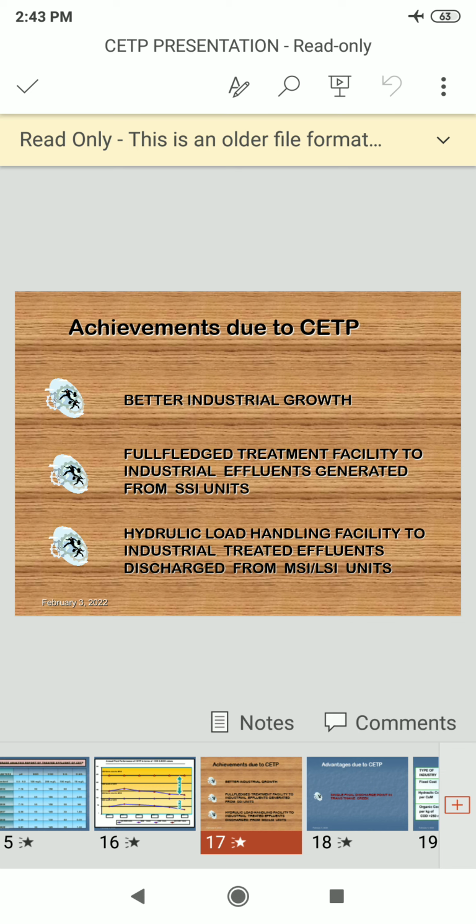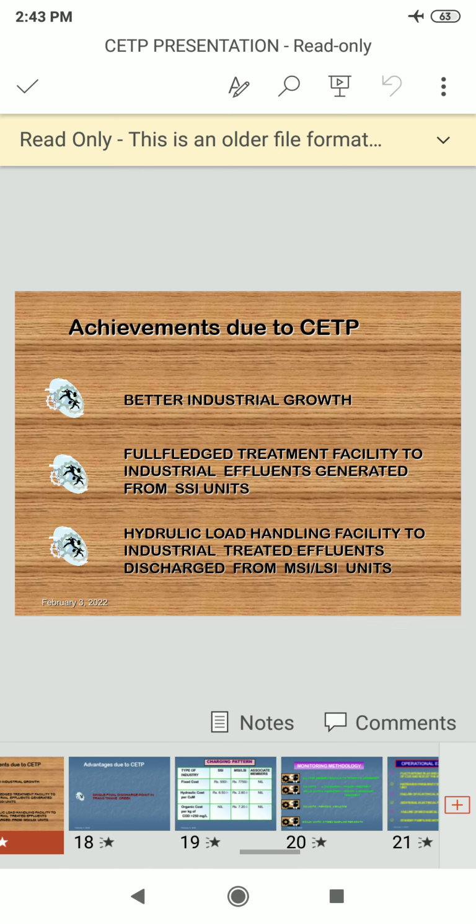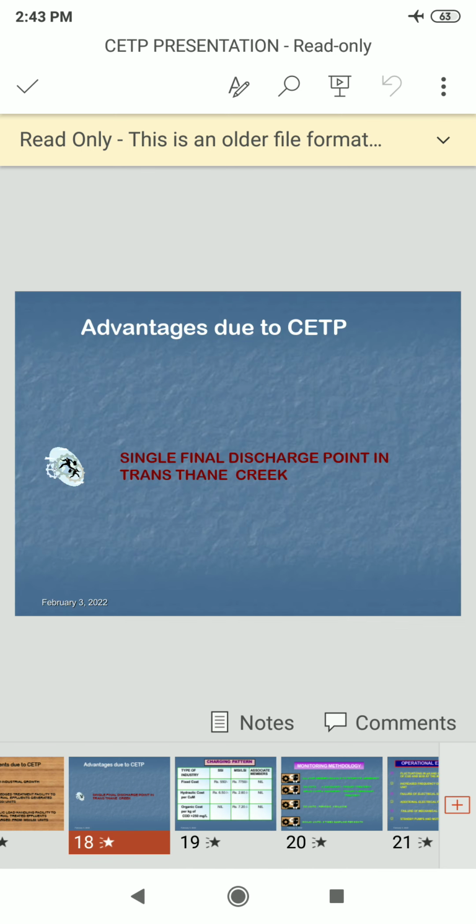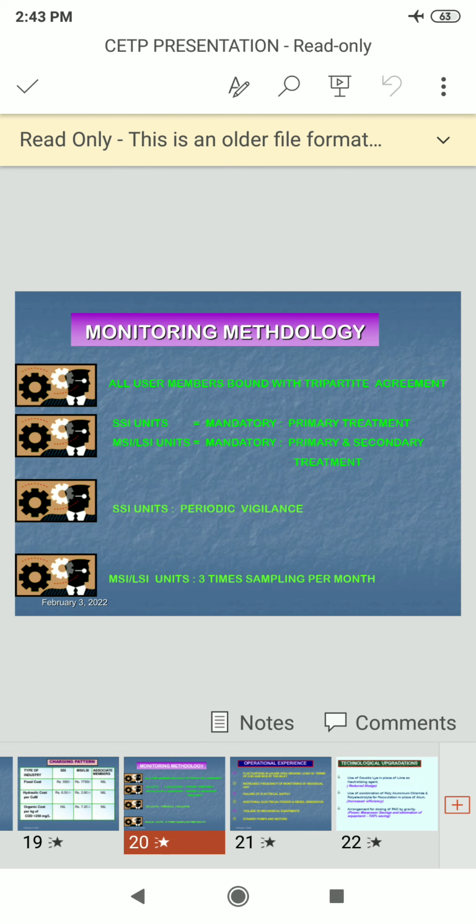The wastewater treatment plant purifies the wastewater coming from industries, and these plants convert the sludge into fertilizers. There are advantages of a single final discharge point in terms of the various types of rivers.